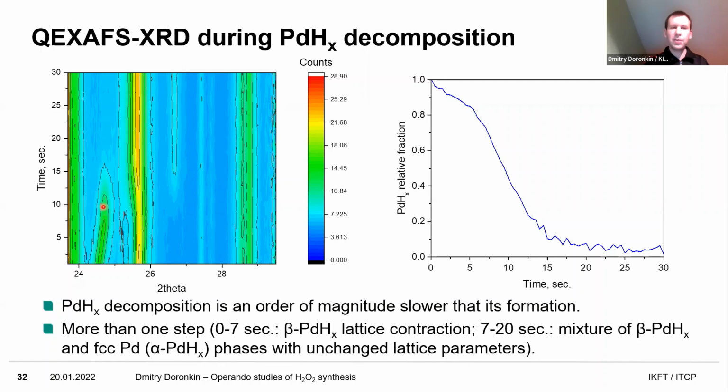And when it stops, it stepwise decomposes into a metallic structure. And in a stepwise manner, we get the 222 structure. So we can now correlate the XAS data with the X-ray diffraction data and tell that the first step is the lattice contraction of the 311 hydride, which then in a stepwise manner goes and forms the metallic structure.